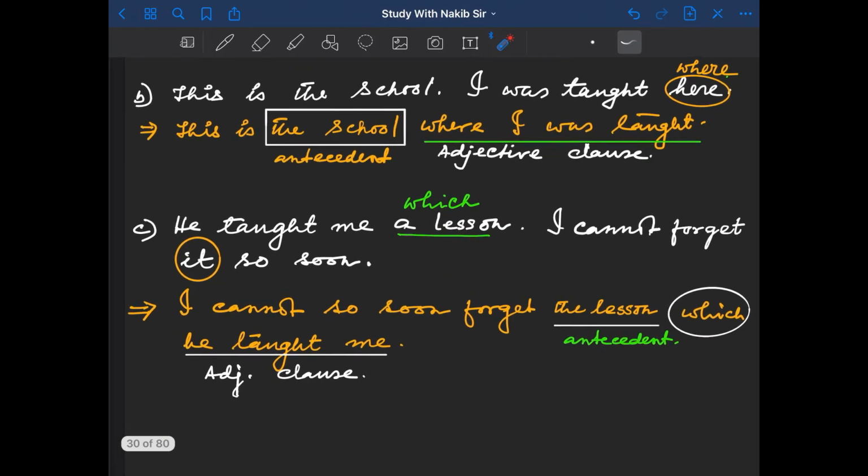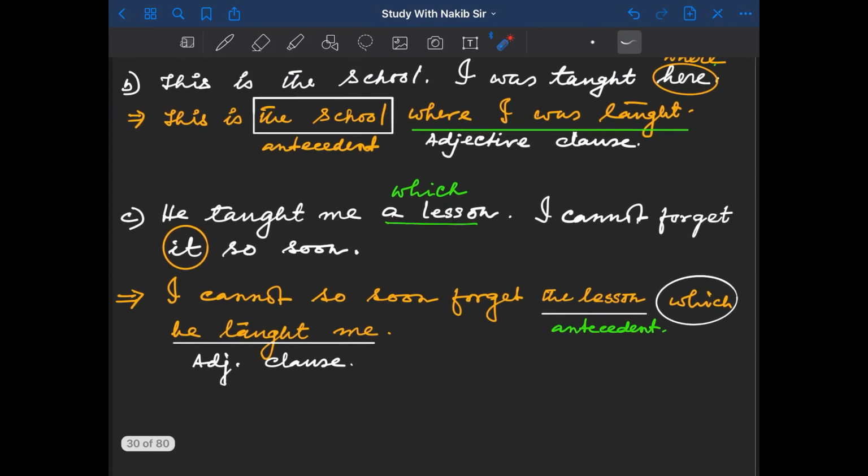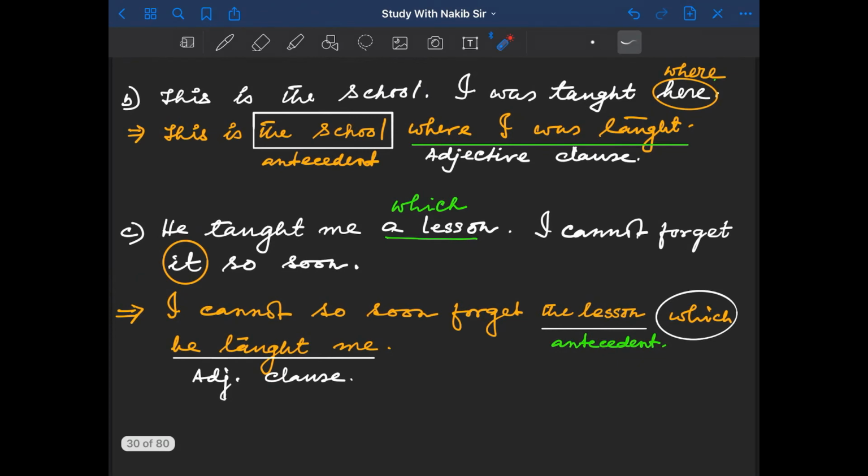Okay, in this context you must remember one thing. Come to the first sentence and note the point. He taught me a lesson. This lesson is an object. Why? This is the verb. Question this verb with what, and this one will come as an answer.